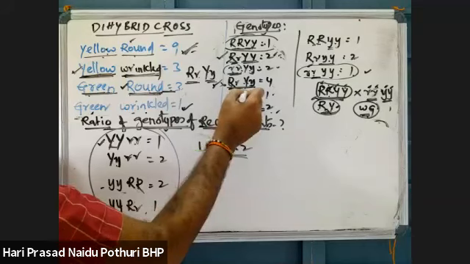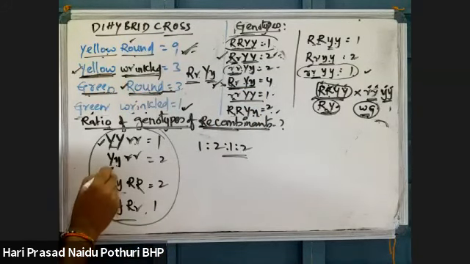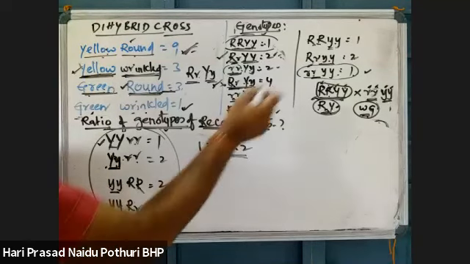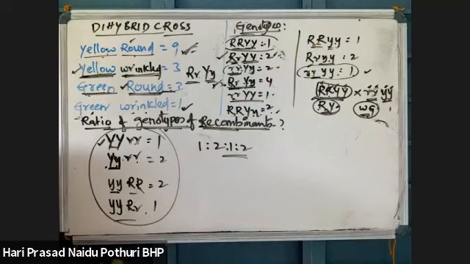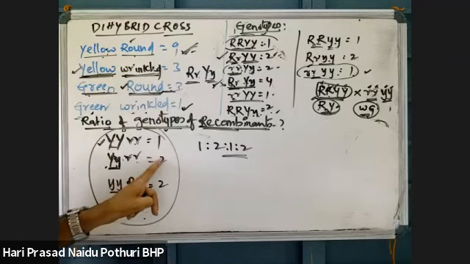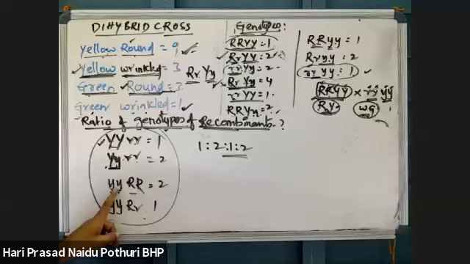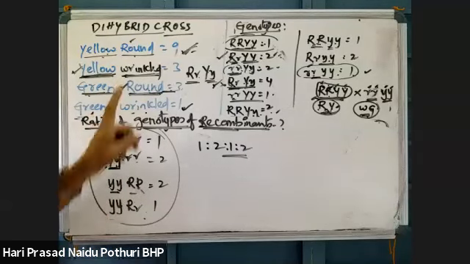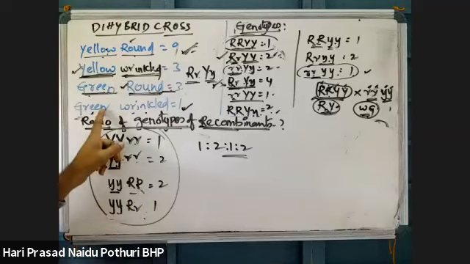Here, there is this one. This is giving yellow wrinkled. This is also giving yellow wrinkled. Capital Y, small y, heterozygous, but it is dominant. Yellow wrinkled. Here, green round. Green means recessive character. This is one possibility. This is giving round. Okay. Here, this is also giving green round. So, this is yellow wrinkled, one recombinant phenotype. This is also a recombinant phenotype. Green round, recombinant phenotype.